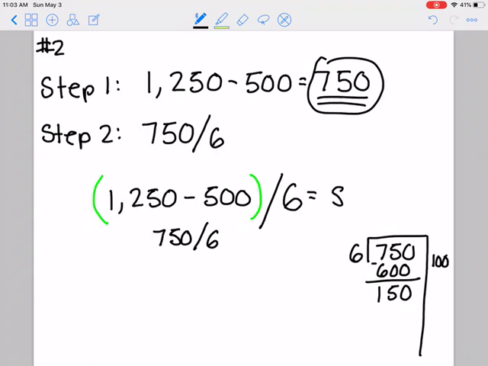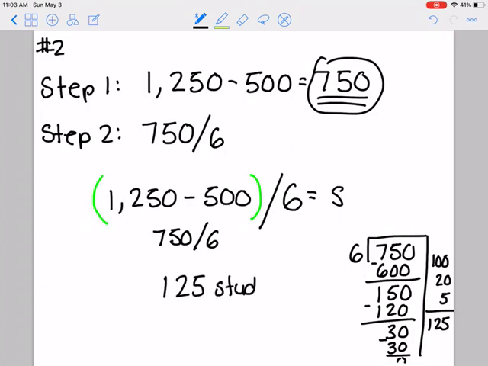I know that 6 times 20 is close. It'll give me 120. And I'm left with 30, which I know is a multiple of 6 because 6 times 5 is 30. I'm left with 0. And if I add this all up, I get 125. So they need to sell tickets to 125 students to raise enough money to go to the skating rink for a half session.